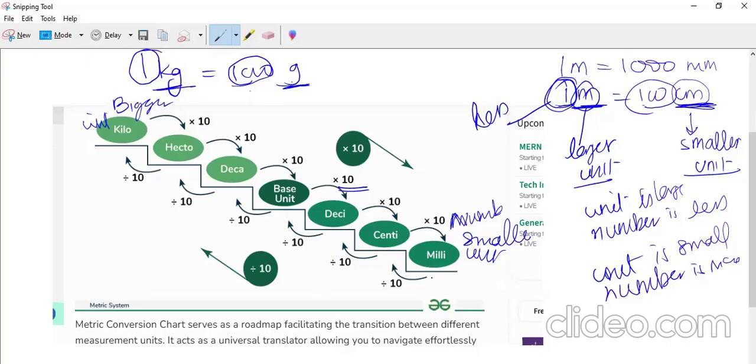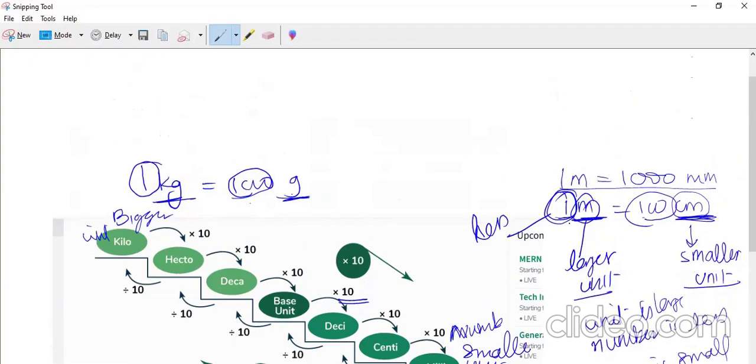And whenever we convert the opposite way, if 1 meter is equal to 1,000 mm, then 1 mm is how many meters? It will be 1/1000.